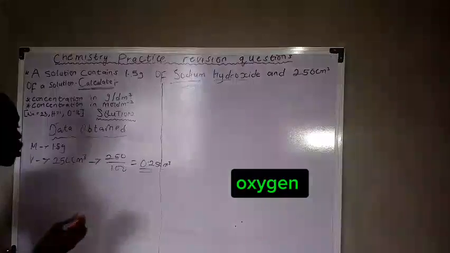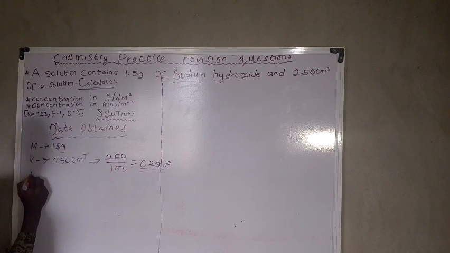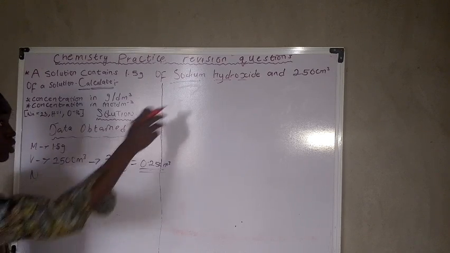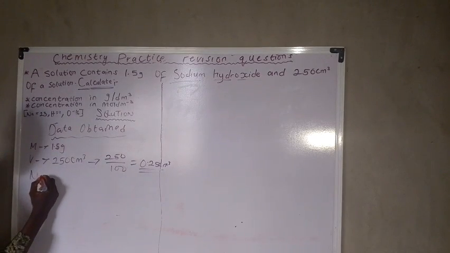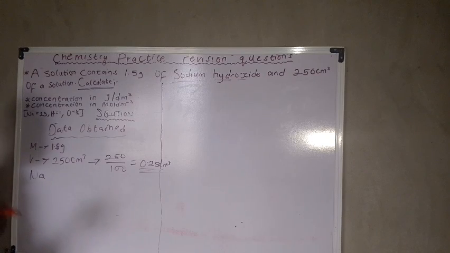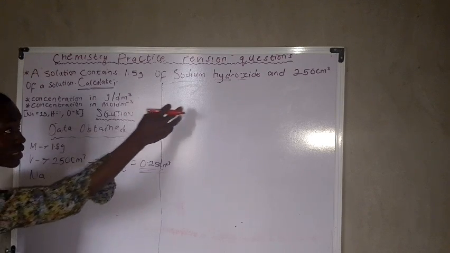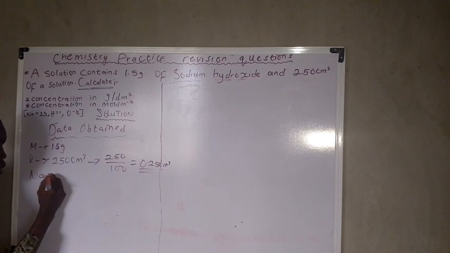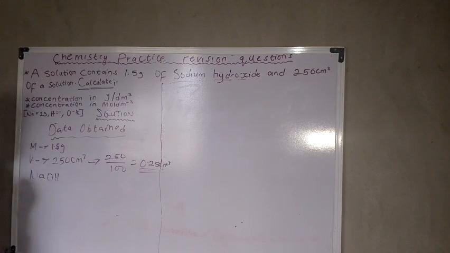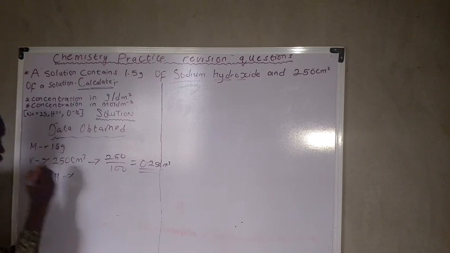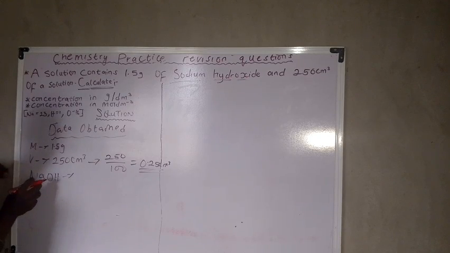The chemical formula of sodium hydroxide is sodium with the symbol Na, while hydroxide is OH.